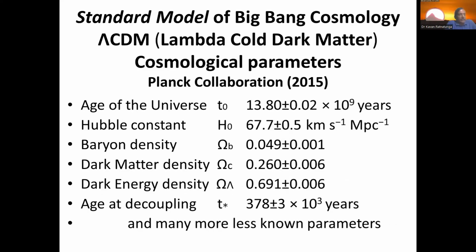Okay, so let me not go into details of astronomy, but we have now, over the last 20 years or so, actually most of this happened over the last 10 years, got a model for the universe, and it fits pretty well the observations. So we have the age of the universe now to be 13.8 billion years.